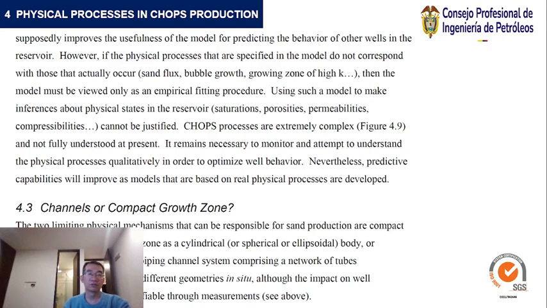Since the processes are not fully understood at present, it remains necessary to monitor and attempt to understand the physical processes in order to optimize their behavior. Nevertheless, predictive capabilities will improve as models that are based on real physical processes are developed.